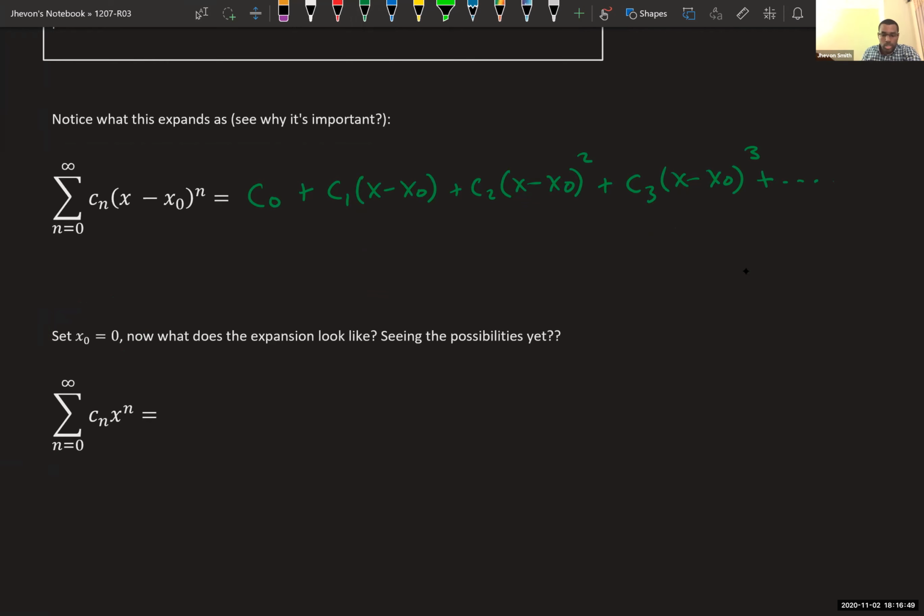Plug in n equals 0, I would get C0. Plug in n equals 1, I would get C1x. Plug in n equals 2, I get C2x squared. Then C3x cubed. Then C4x to the fourth. Then going on forever. Remind you of anything?